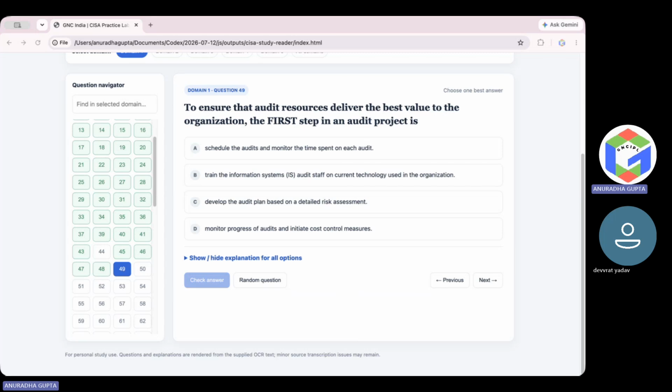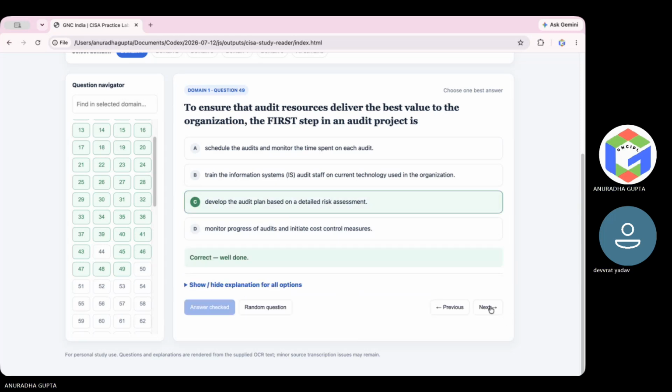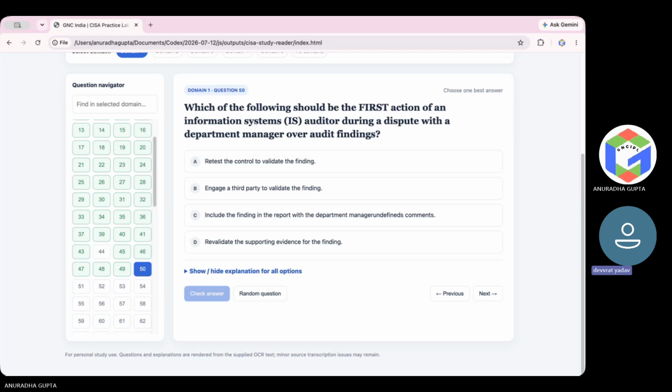Okay. Develop the audit plan based on the detailed risk assessment. Okay. Monitor progress of audit and initiate cost control measures. That is also a later strategy. So C is the best one, because we need to develop the audit plan based on the detailed risk assessment. Yes, correct. Easy one, we can skip.